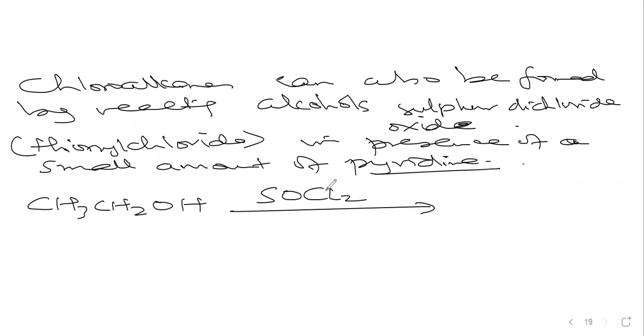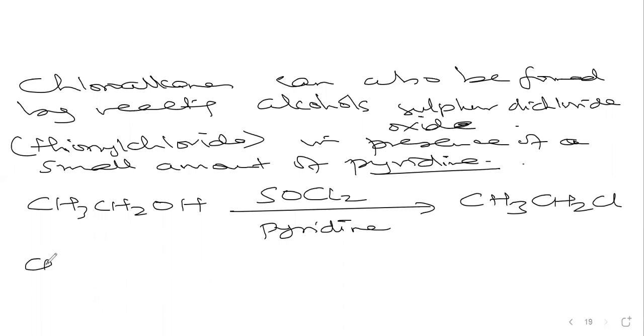Now, when you want to use thionyl chloride, some of you confuse it with sulfuryl chloride and instead write SO2Cl2. The other one is used in chlorination of alkenes. This one is used in formation of chloroalkanes from alcohols. This reagent requires you to use pyridine, a small amount of it, then you get the chloroalkane that you want. I can also have this kind of alcohol, a tertiary alcohol.